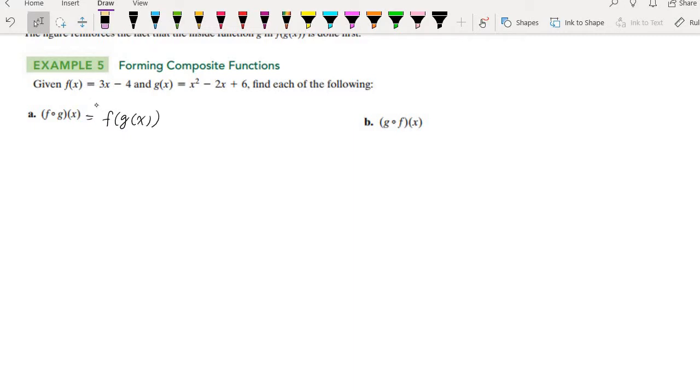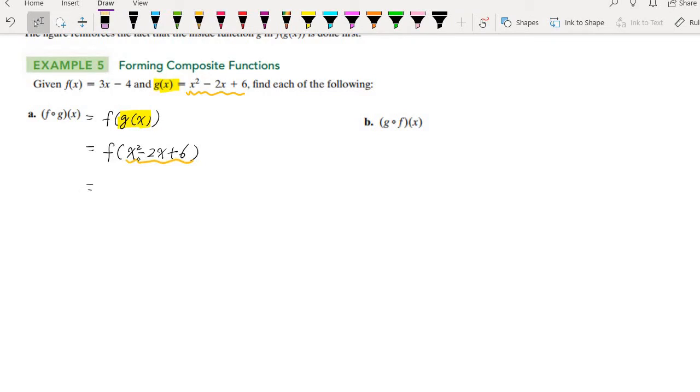What happens here is we're going to look at g of x. All you're actually doing is a substitution. That is, x squared minus 2x plus 6 is g of x. All you have to do is substitution. So we're going to rewrite this as f of x squared minus 2x plus 6. We have been doing this for a long time.